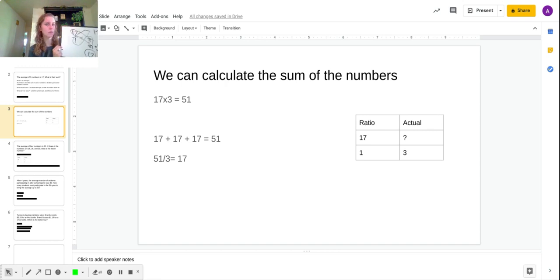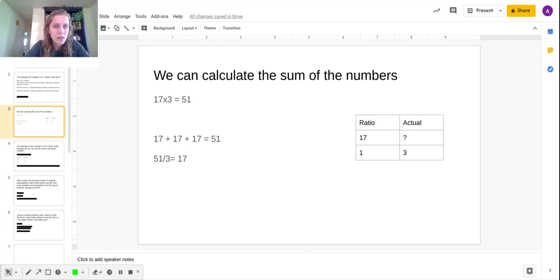We could also do 1 plus 1 plus 49. That is equal to 51. And if we take 51 divided by 3, we get 17 again.